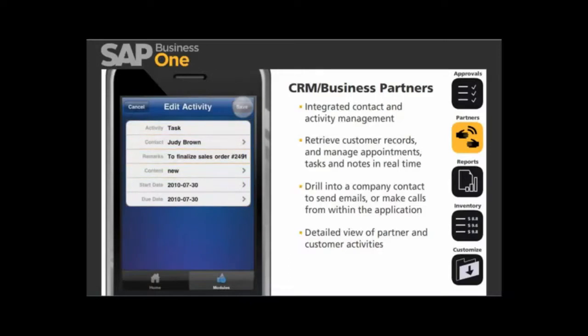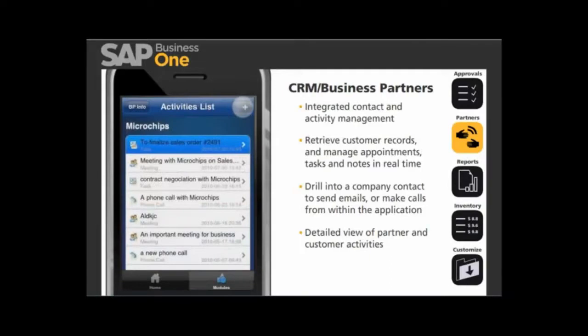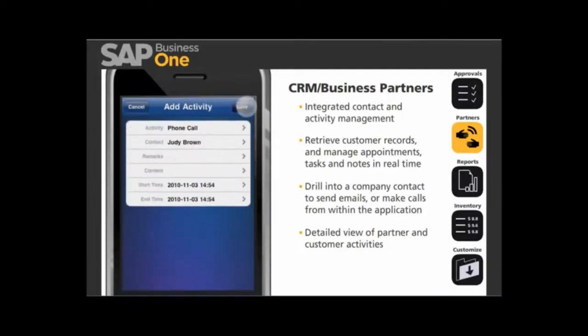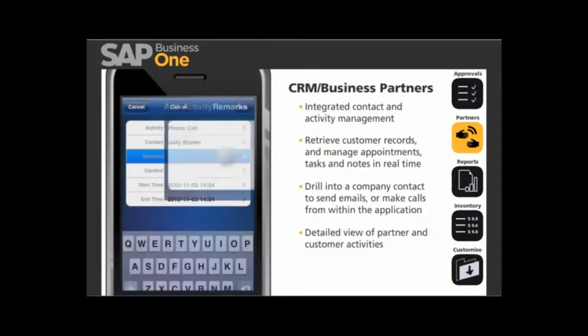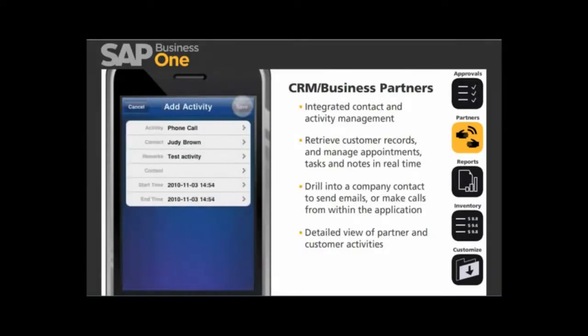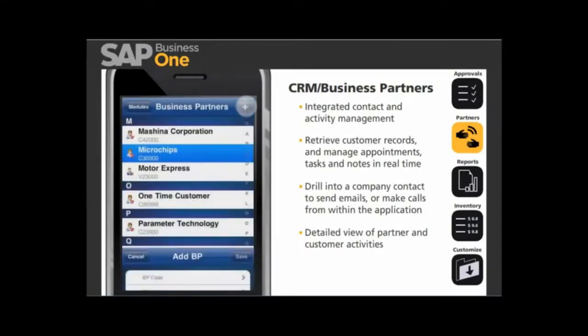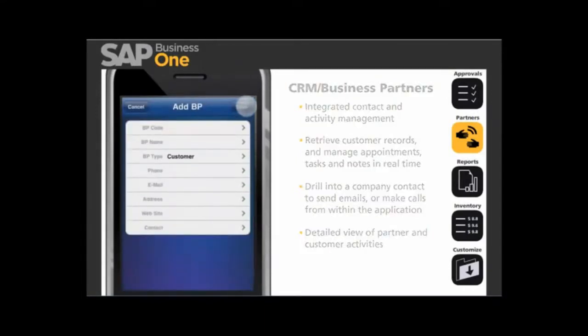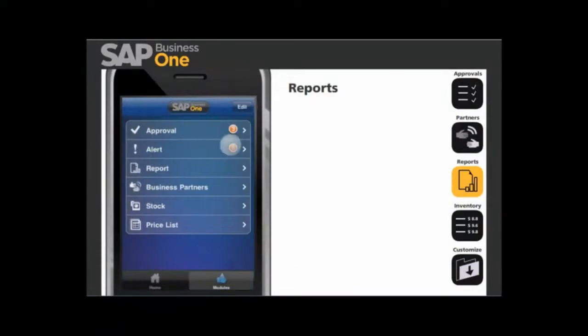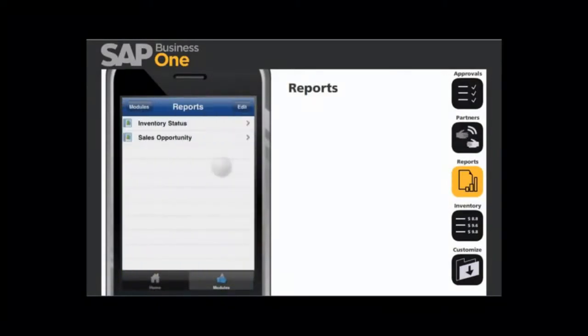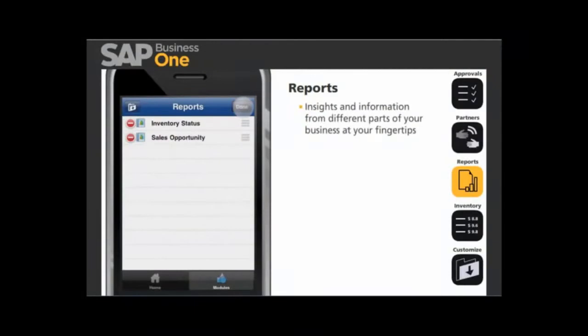There's no need for manual synchronization, as all changes are automatically synchronized with the SAP Business One application on the back end. If you want to add new activities, just tap the Add button, and you'll be able to instantly enter relevant details, include comments, and more, all from the convenience of your mobile phone. Using the built-in reports enabled by SAP Crystal Reports software, you can get insights and information from different parts of your business at your fingertips.